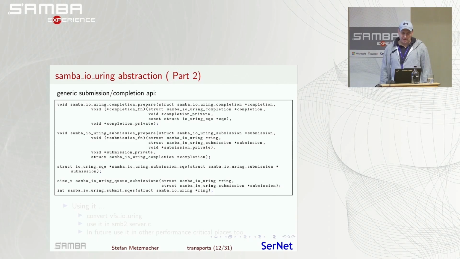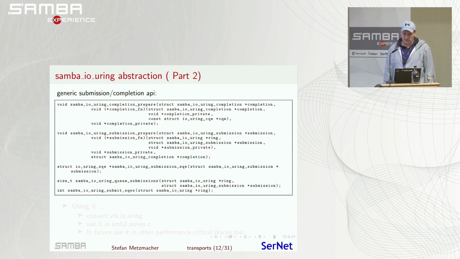So the generic API for that is that we have a completion prepare that gets the completion function, and a submission prepare that gets a submission function, which basically prepares the io_uring submission queue entry.